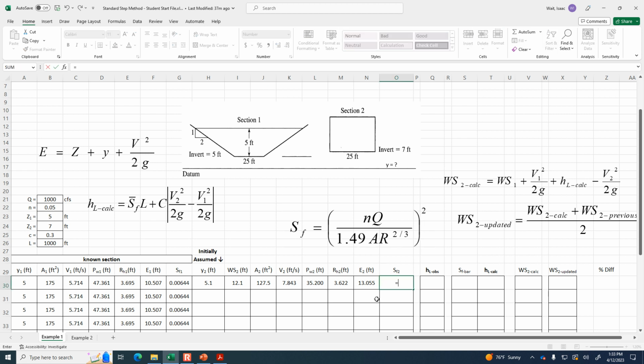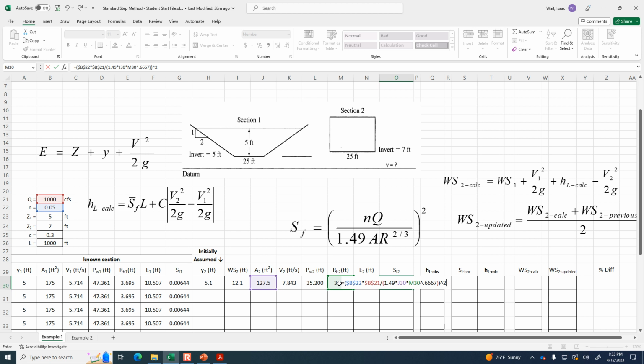So it is n, with an anchoring to the reference, times Q, anchoring the reference, divided by 1.49 times the area times the hydraulic radius, and all that should be to the power of 0.6667, and then close parentheses twice to the power of 2. So just applying the same formula that we had used here.